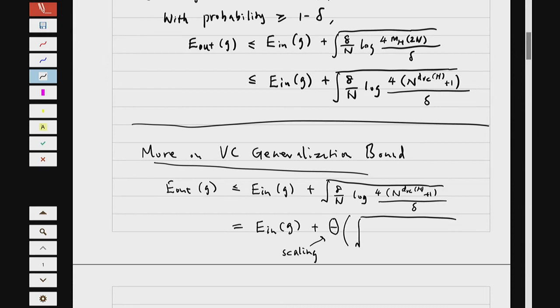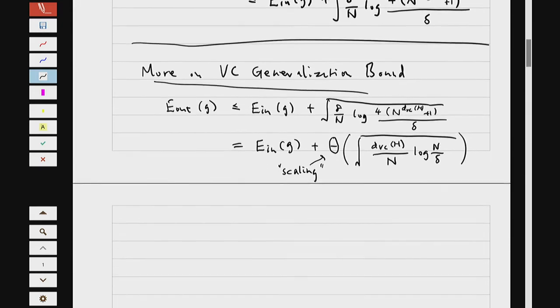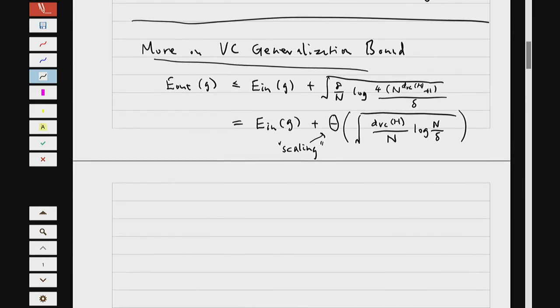So this log of N to the d_VC power, again, is d_VC times log N, so I can write the d_VC out, divided by N. I'm going to drop the 8 because only scaling matters. Log of N divided by delta. That's what we have. It should be simple to see.